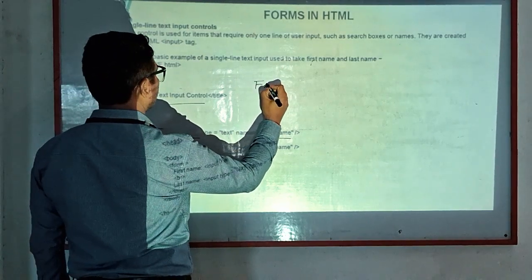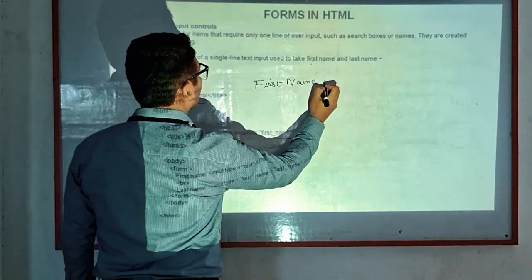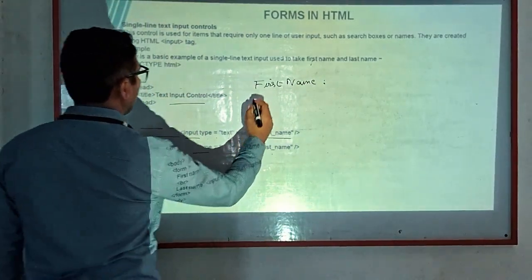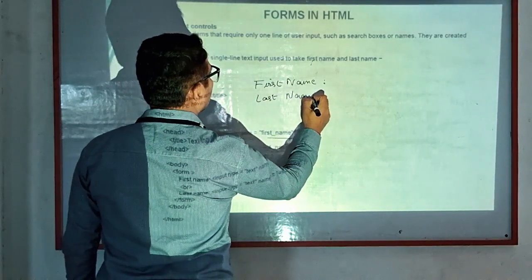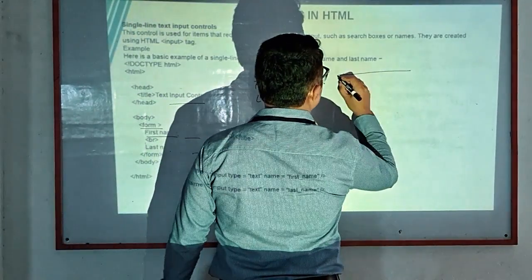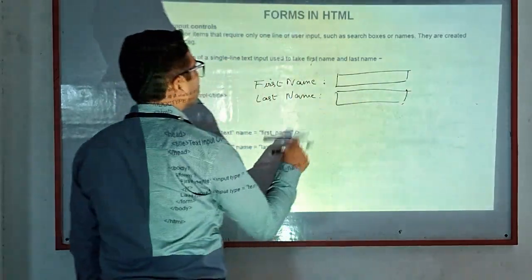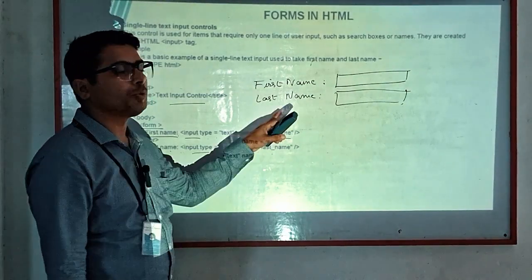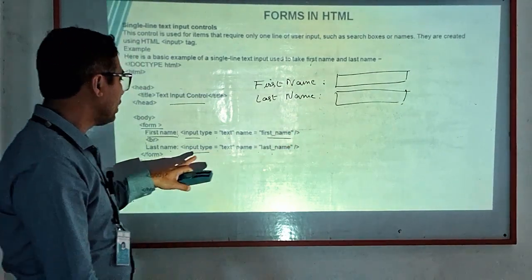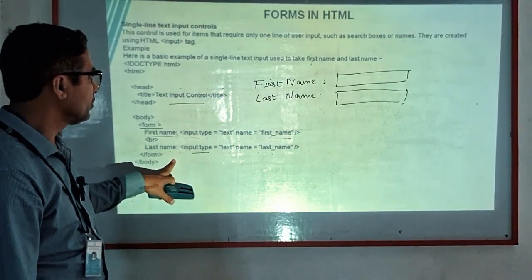It will be written like this: first name colon and last name colon, and there will be a single line input here for the user to put data inside these fields. All right, so this is how it will be presented after you enter this text inside the web page.